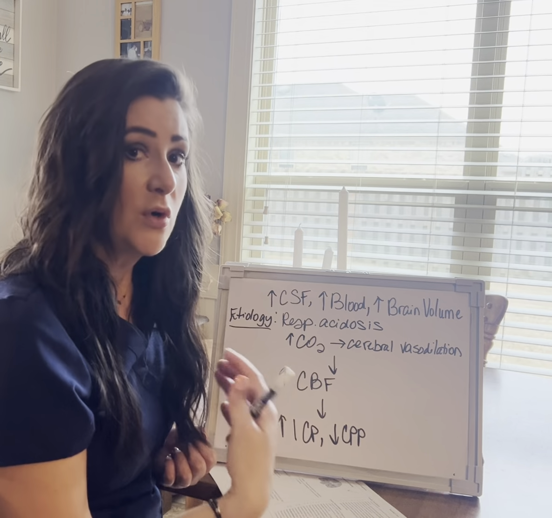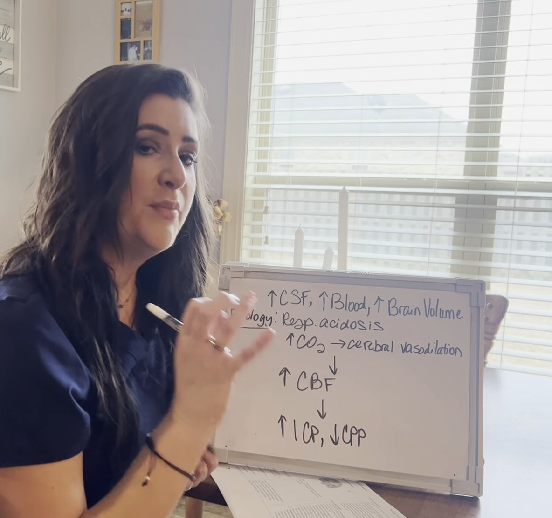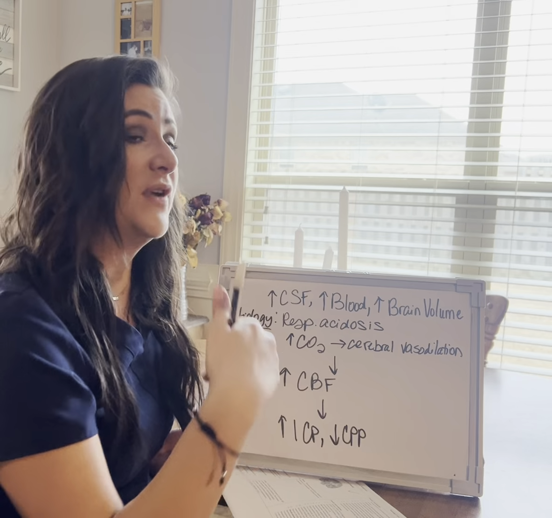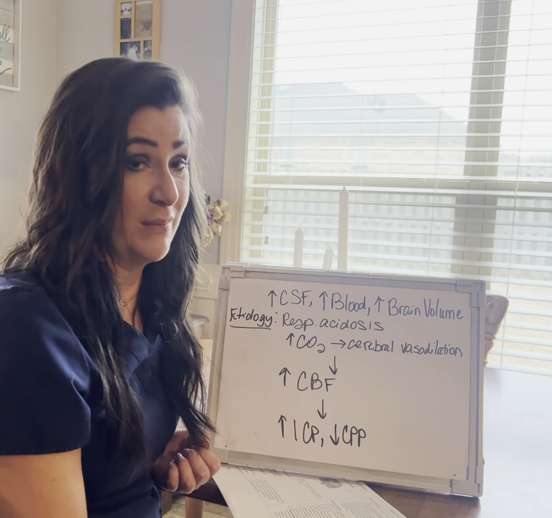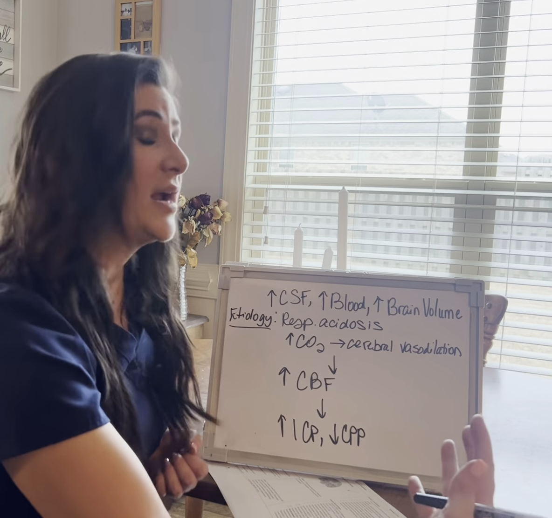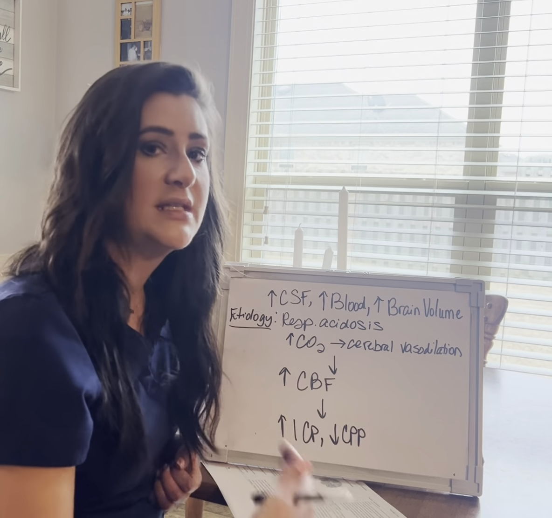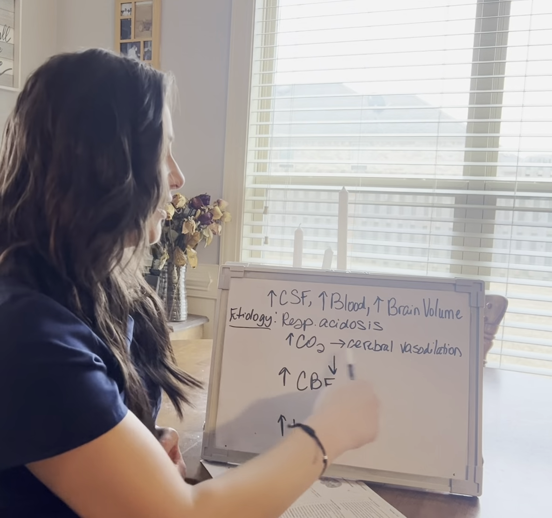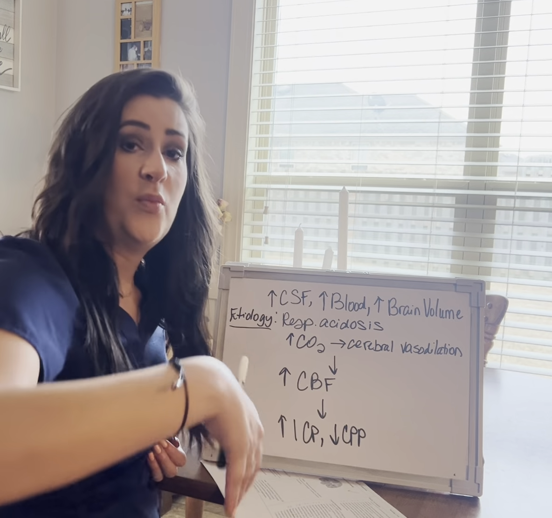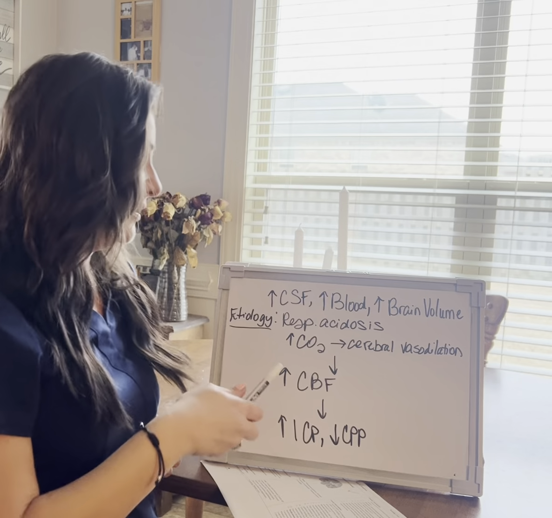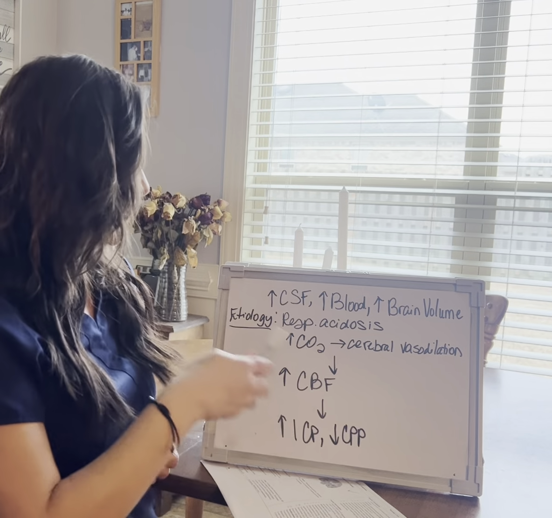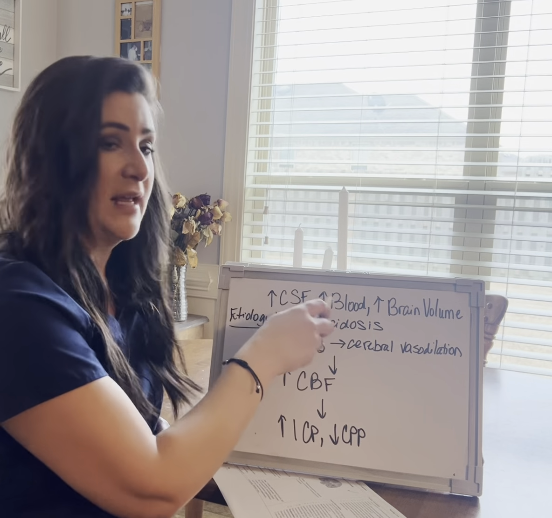Well, CO2 or carbon dioxide is a very potent cerebral vasodilator, and it very readily crosses the blood-brain barrier. So with that respiratory acidosis, with that increase in CO2, it causes very potent cerebral vasodilation. Well, that opens up those cerebral vessels and allows for an increase in cerebral blood flow. Okay, so this is an increase in blood volume.